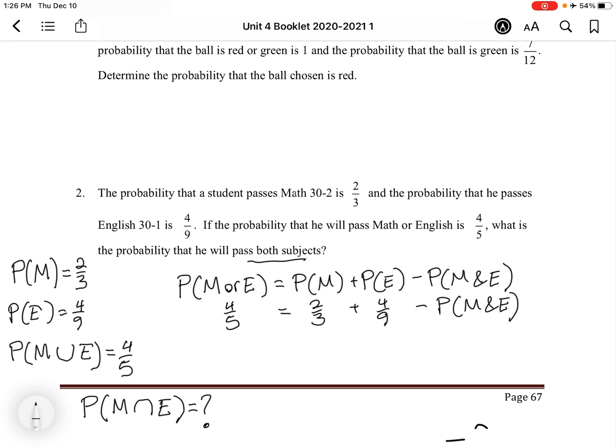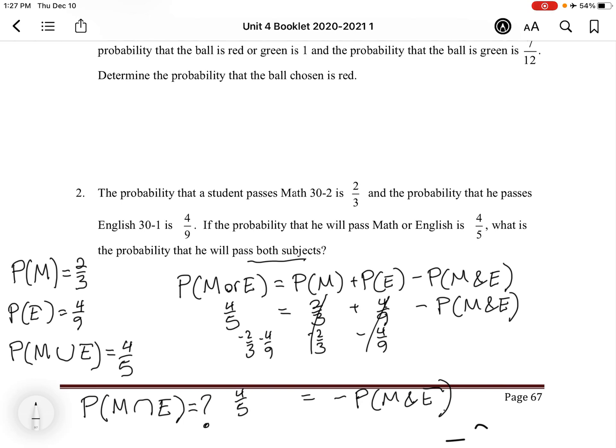Okay, now we just need to solve for what we don't know, right? Maybe what I'll do is I'll subtract 2/3 and 4/9 from both sides. Okay, so this side is just going to be negative the probability of math and English.